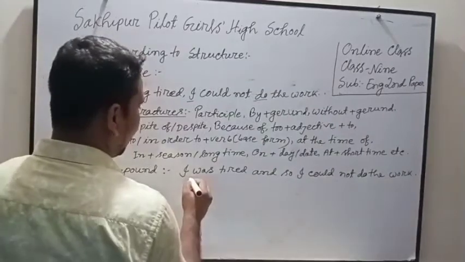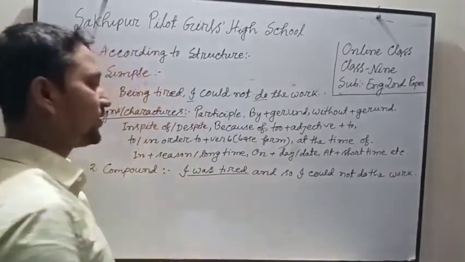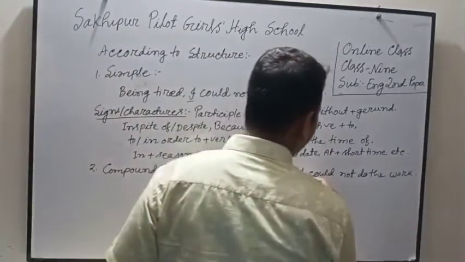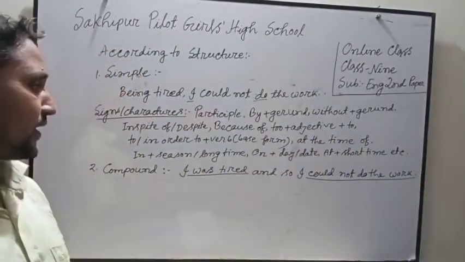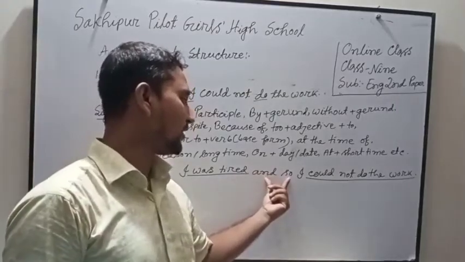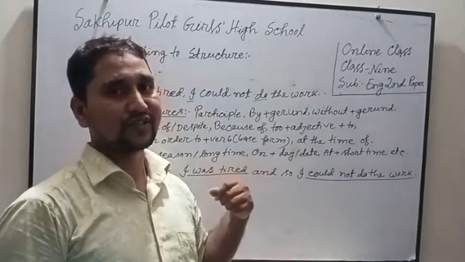Here, I was tired is a principal clause, and I could not do the work is another principal clause, which are connected by and so, that means a coordinating conjunction.